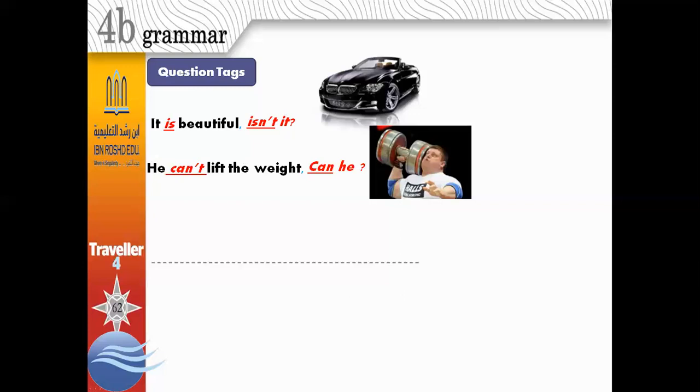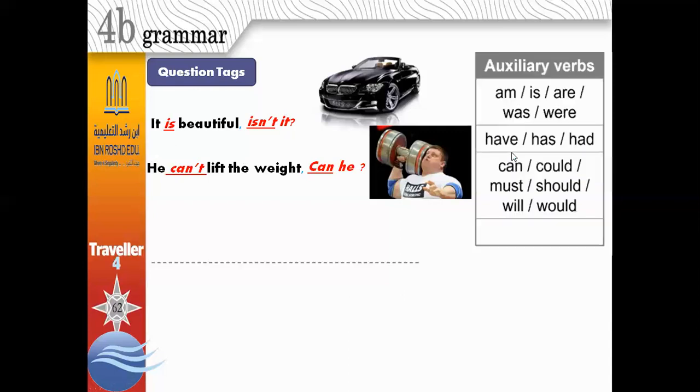Now, how do we make these question tags? Look at these auxiliary verbs. These are auxiliary verbs: am, is, are, was, were, have, has, had, can, could, must, should, will, would.